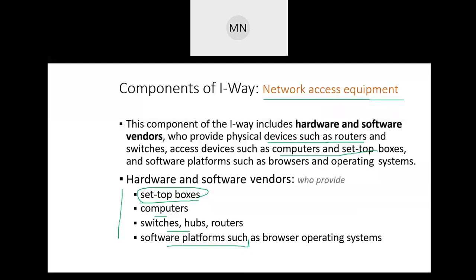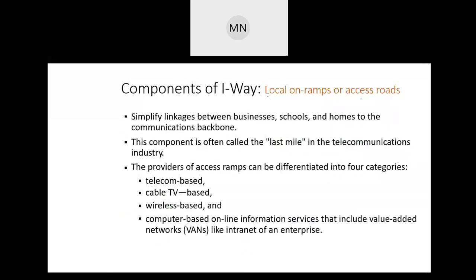Next, local on ramps or access roads. There are three different types of infrastructures available through which we can connect to the global network, that is, the information highway.